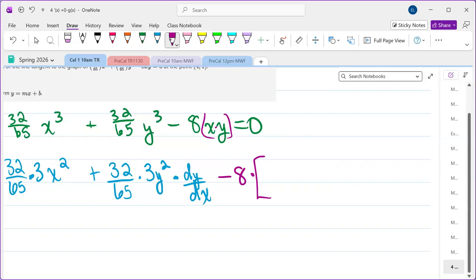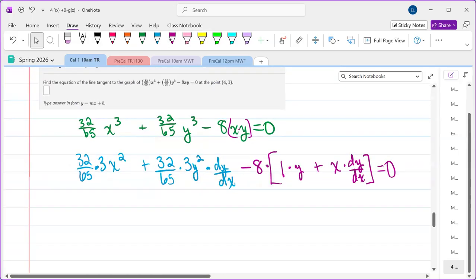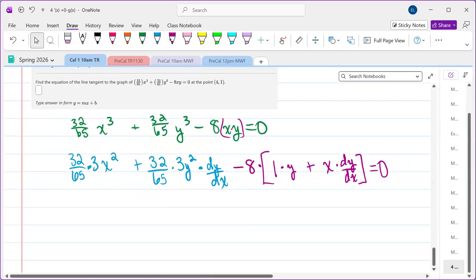So derivative of the first one, derivative of x is 1, times keep the y, plus keep the x times derivative of y, which is dy dx. And then equals derivative of 0, which is 0.